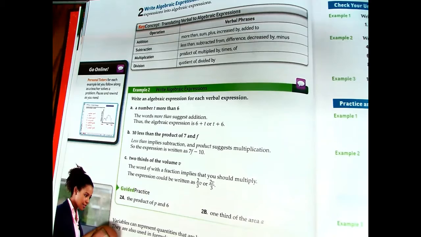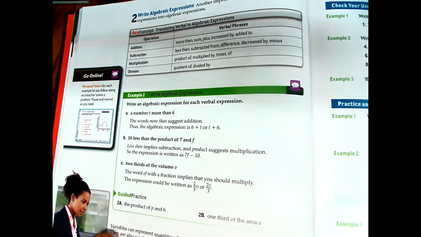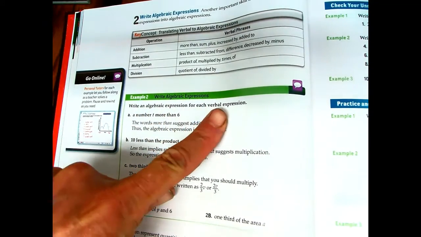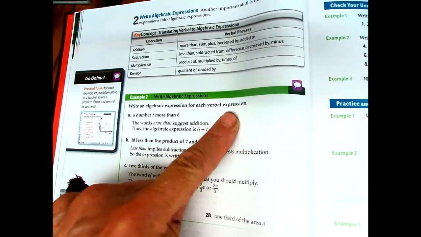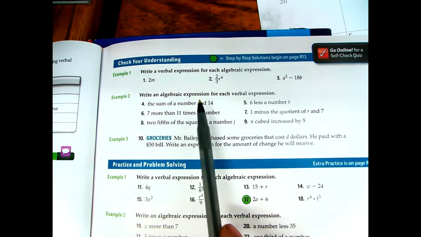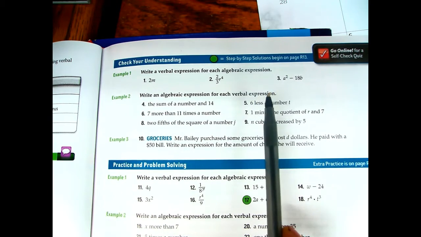Then, we always get to do it the other way around. Example 1 said, write it out verbally. Example 2 says, write it out algebraically. Write an algebraic expression for each of the verbal expressions. And look here at the next set of exercises. Write an algebraic expression for each verbal expression.